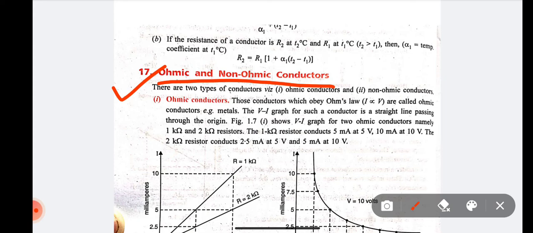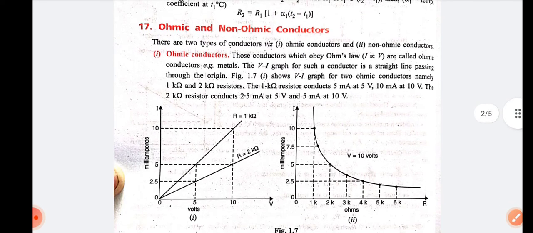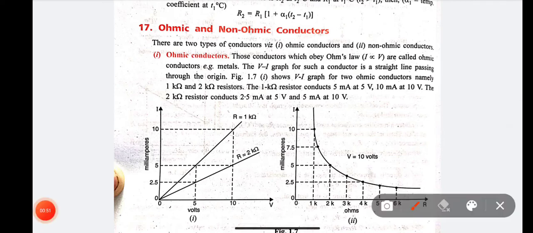This is point number 17, in which we have to study ohmic and non-ohmic conductors. It's really important: what is an ohmic conductor and what is a non-ohmic conductor? First of all, let's go through the definition. Those conductors which obey Ohm's law are known as ohmic conductors.